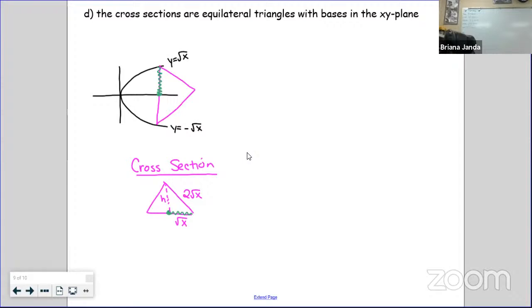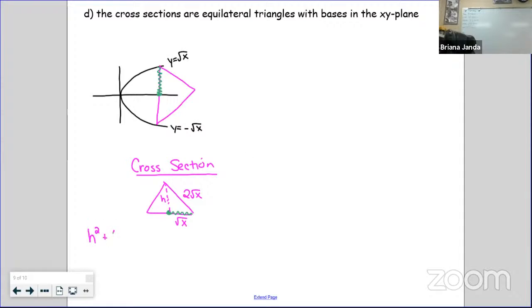We can find the height of this triangle again using Pythagorean theorem, or if you remember your special right triangles, at this point you actually could do that as well. We are looking at a 30, 60, 90 special right triangle. But again, if you don't remember that, Pythagorean theorem is probably what we would fall back on.